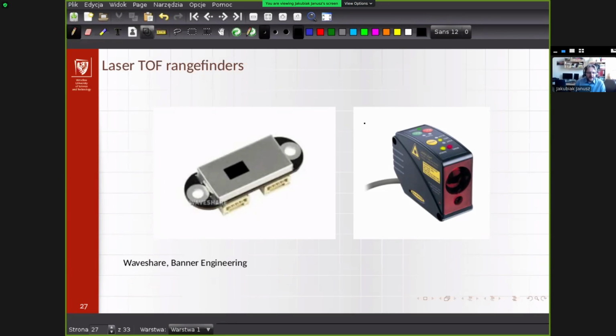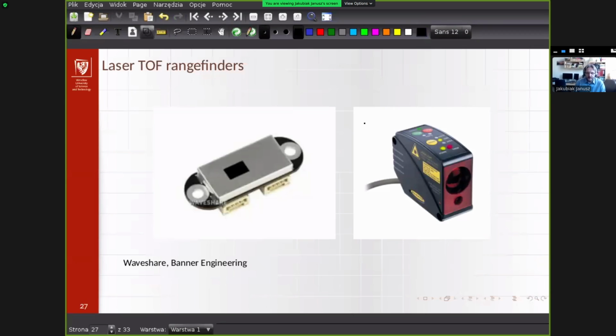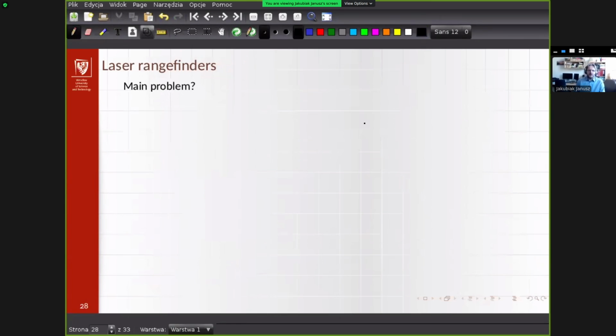And you can have either simple devices measuring a single distance, or you can have the laser scanners that we showed on the way. So, what is the main problem with measuring the distance based on light?